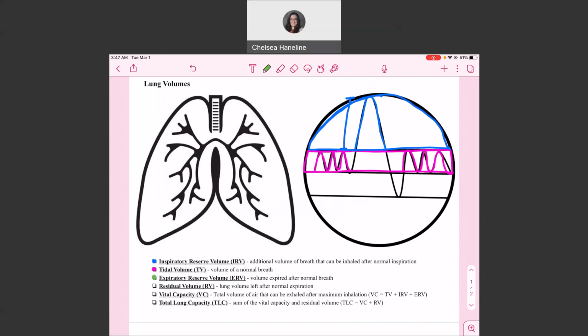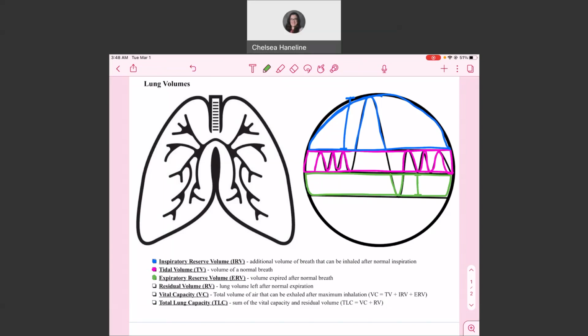That's this portion of the graph right here, so you're going to color this portion as your expiratory reserve volume. That value is from the bottom of the tidal volume peak all the way down to the bottom of this peak. We're going to analyze graphs like this tomorrow when I do my demonstration of spirometry.